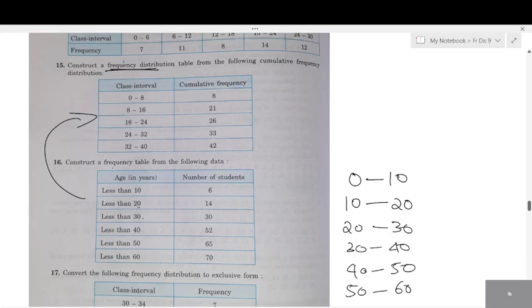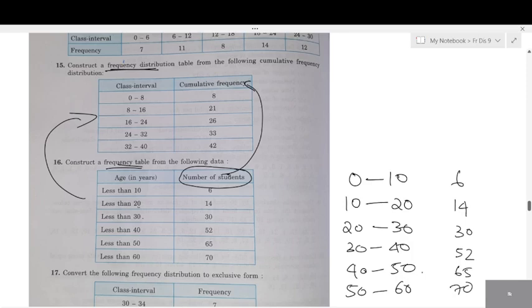What do we need to find here? Construct the frequency table. So if they want to construct a frequency table, can you tell me what this value will be, students? If they are asking us to find frequency, this should definitely be which one? Yes. Instead of giving cumulative frequency, they have given the number of students.